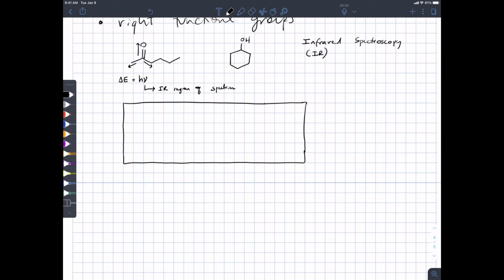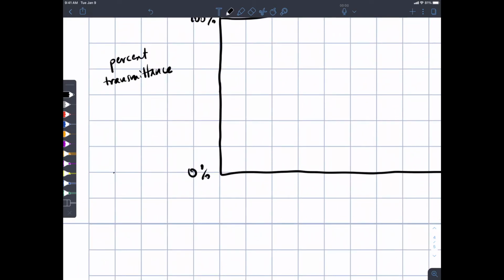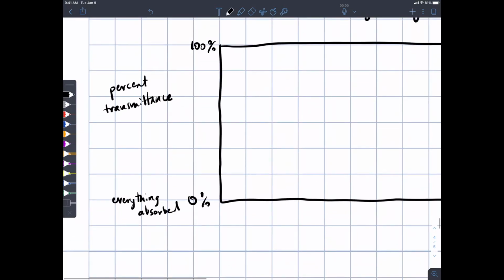In an IR experiment, you're shooting infrared light of various wavelengths through a sample, and you're watching which wavelengths get absorbed and which don't. On the y-axis, we have something called percent transmittance, where it's 100 up here and 0 down here. 0 means everything was absorbed, no light gets through. 100% transmittance means all light gets through.